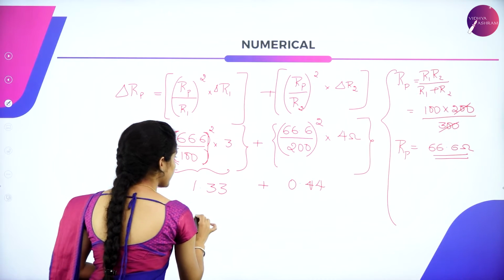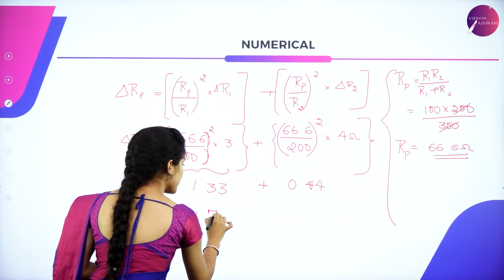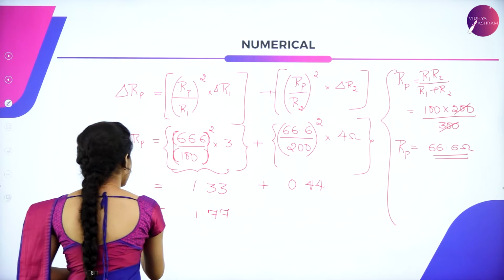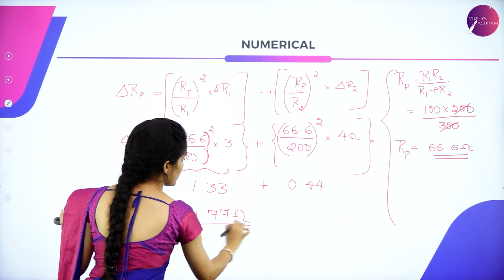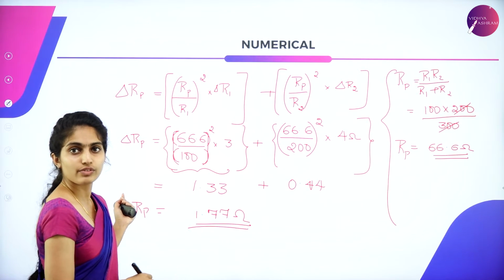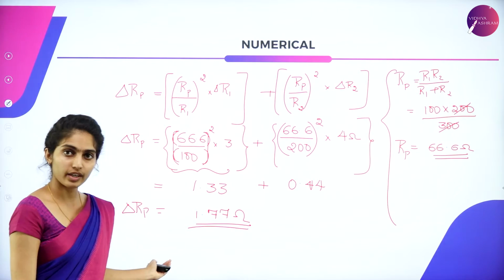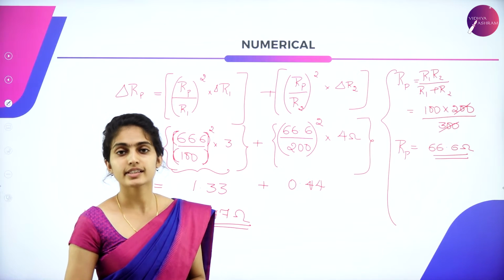So it is like 1.77. So delta Rp is 1.77 ohms. This is the final result of the error of parallelly connected resistance.